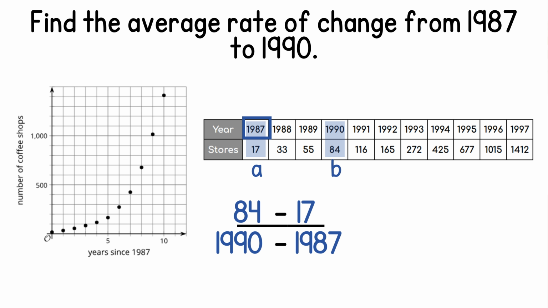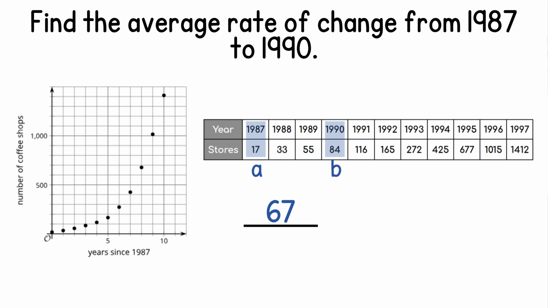So now we can simplify our expression. Subtracting 84 and 17 on top gives us a value of 67, and subtracting the years on the bottom gives us a value of 3. When we divide 67 by 3, we get a rate of change of 22.3.